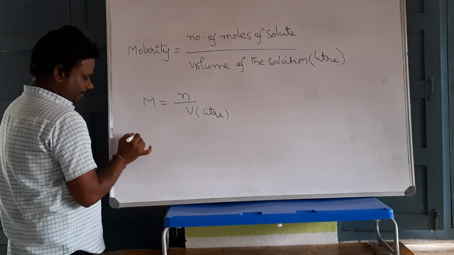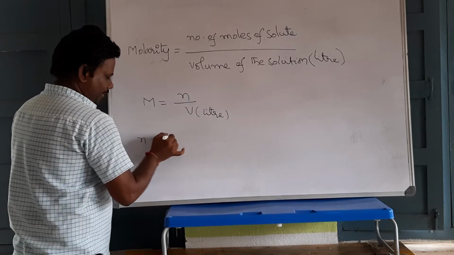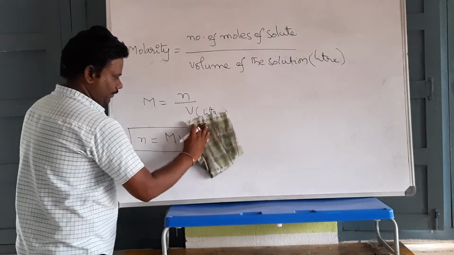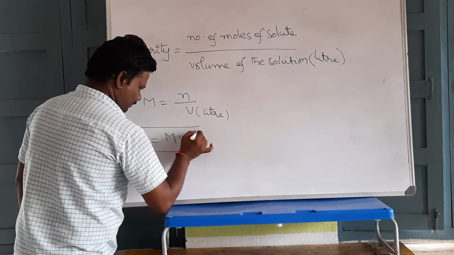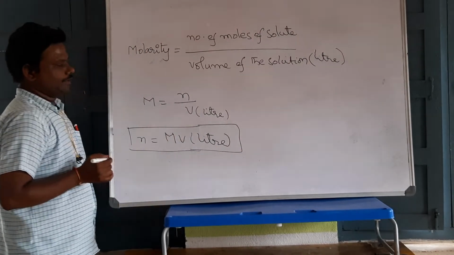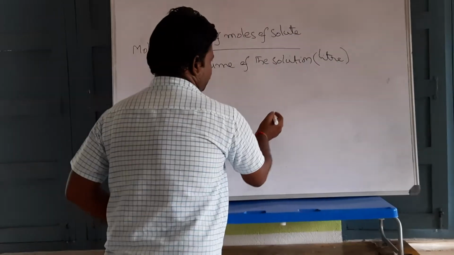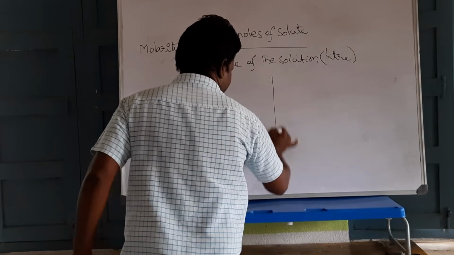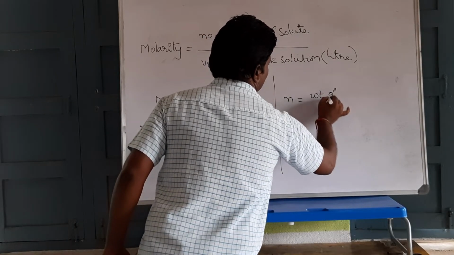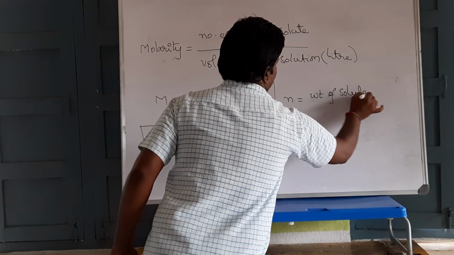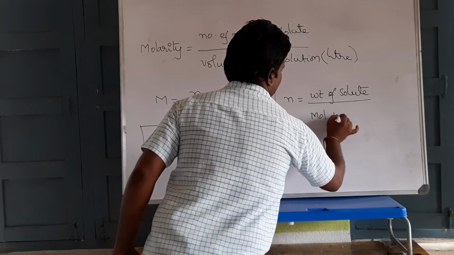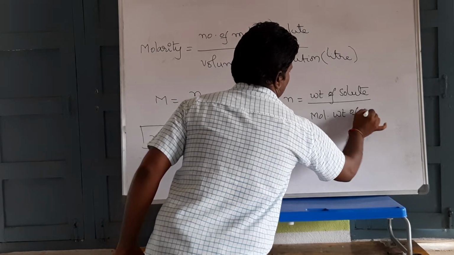Okay, look here, number of moles N is equal to M into V. Number of moles N is equal to weight of solute by molecular weight of solute.